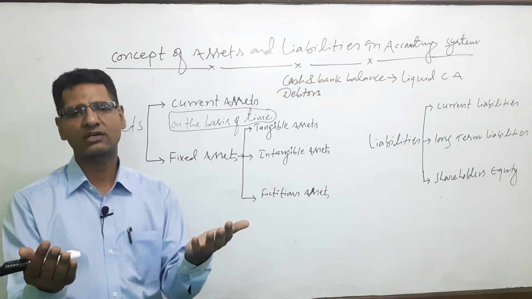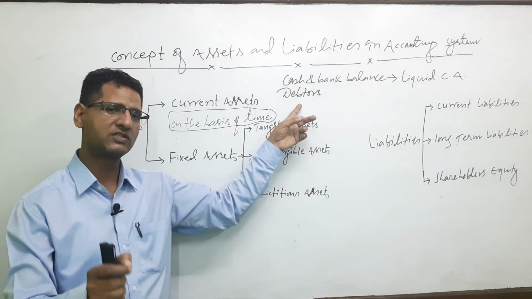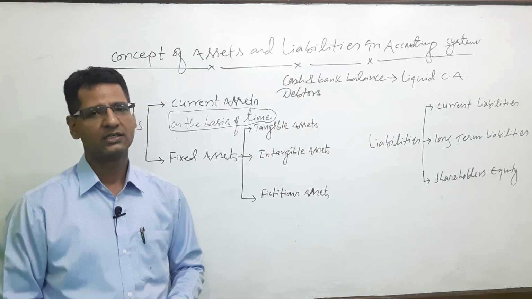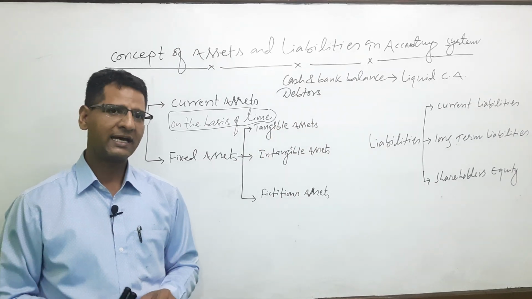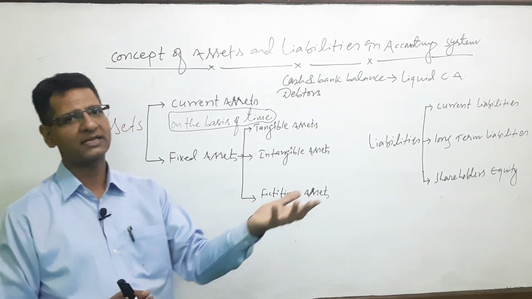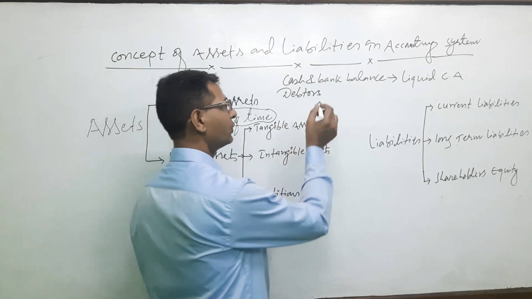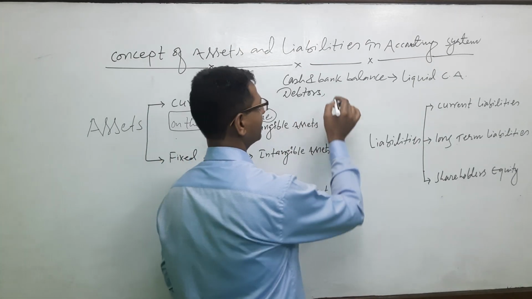If a business sells goods on credit, they are debtors, and within one accounting year we will receive cash from different debtors. So debtors are current assets because we can get cash within 12 months.